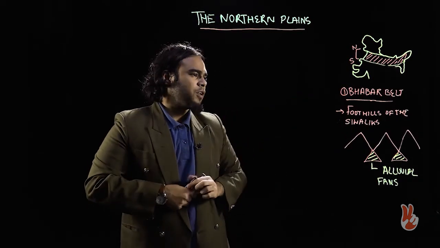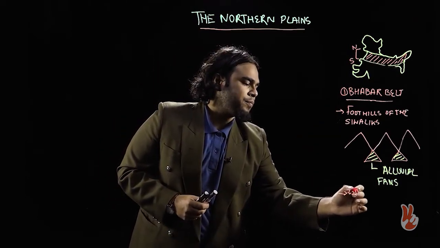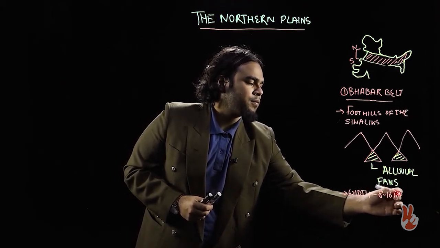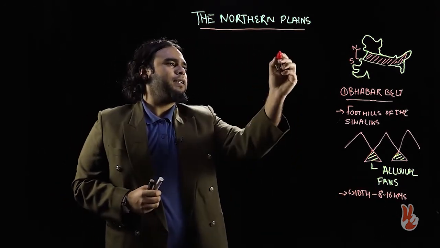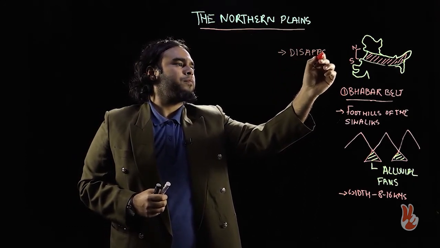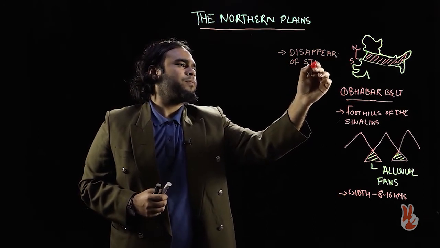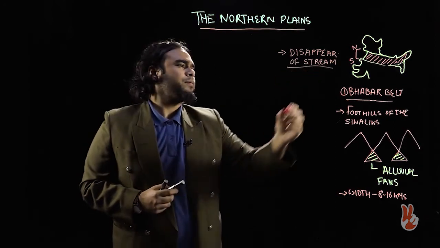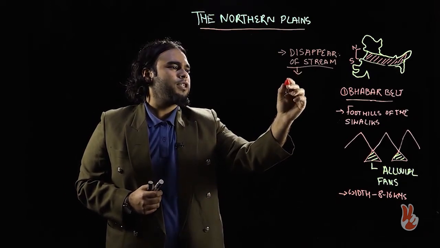and it is a typical and distinctive feature of your Bhabar belt. Okay, so this Bhabar belt has a width of 8 to 16 kilometers. The next important feature of the Bhabar belt is the disappearance of streams. Why is there disappearance of streams? Because here the rocks are porous in nature.